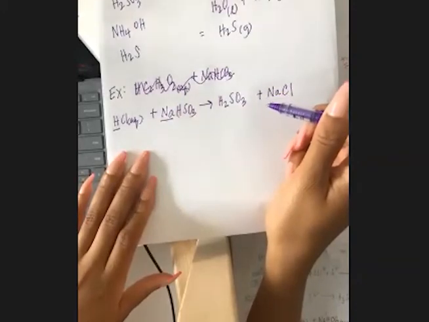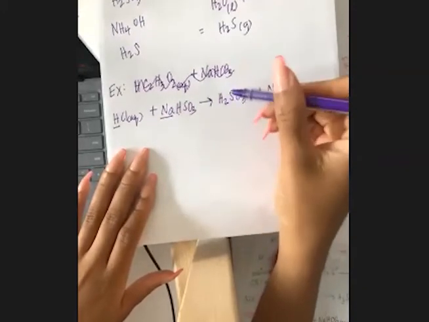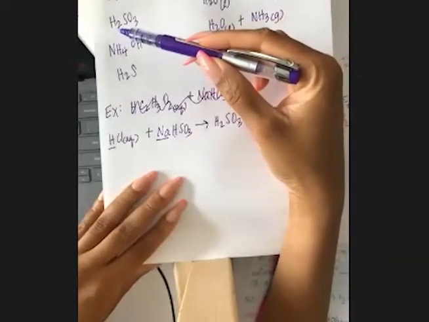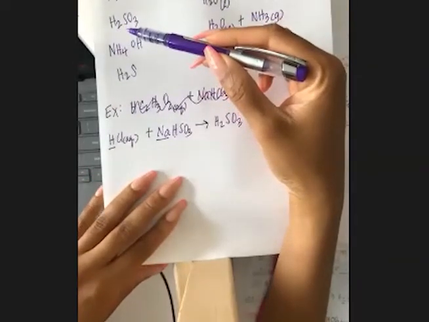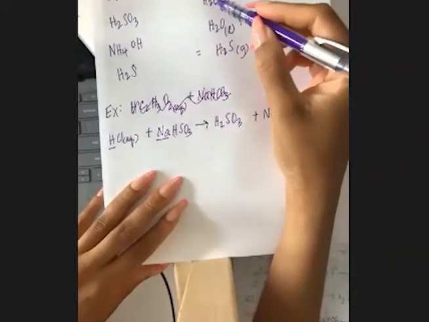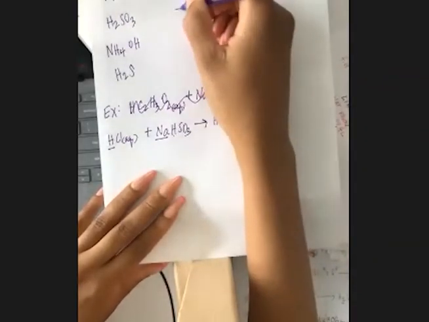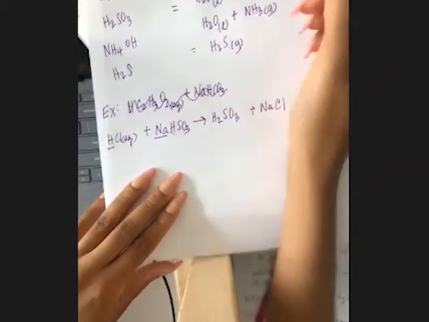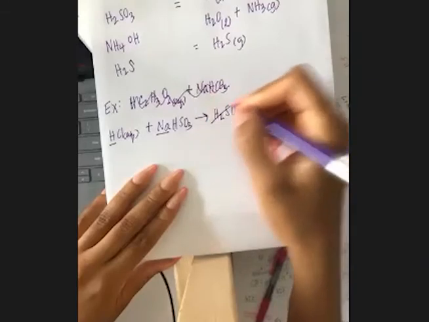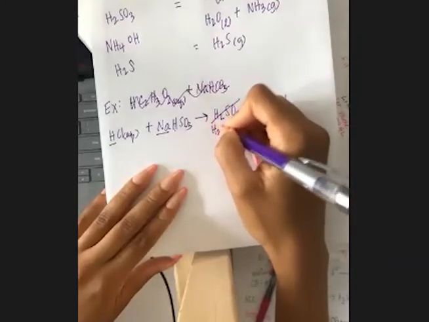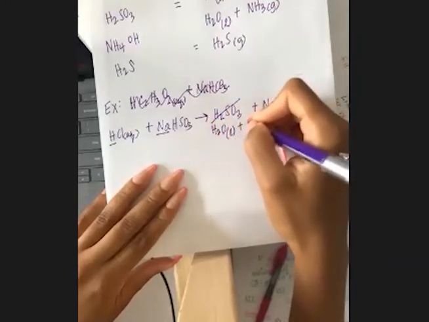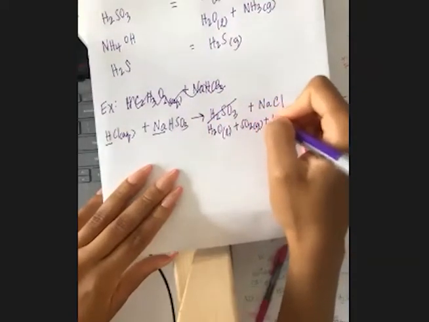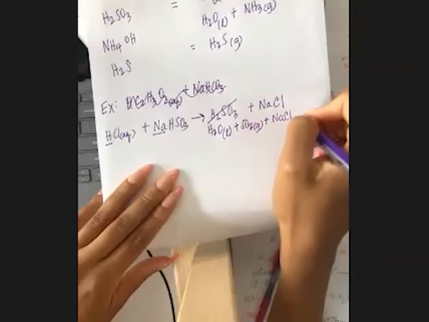All right. So once I get this product, I have to know that this H2SO3, which is a bisulfite, really equals water plus sulfur dioxide gas. So instead of this being my product, it's really going to be H2O plus sulfur dioxide gas plus sodium chloride, which is going to be aqueous.